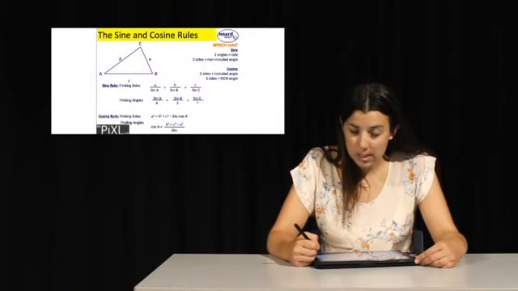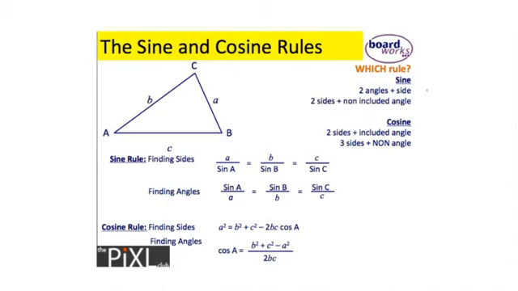On the screen now is a slide of really important information. First off, on the right hand side is a guide as to which rule is used when. You can see that a sine rule is used when a question involves 2 angles and 1 side. It can also be used in situations where there are 2 sides and a non-included angle.